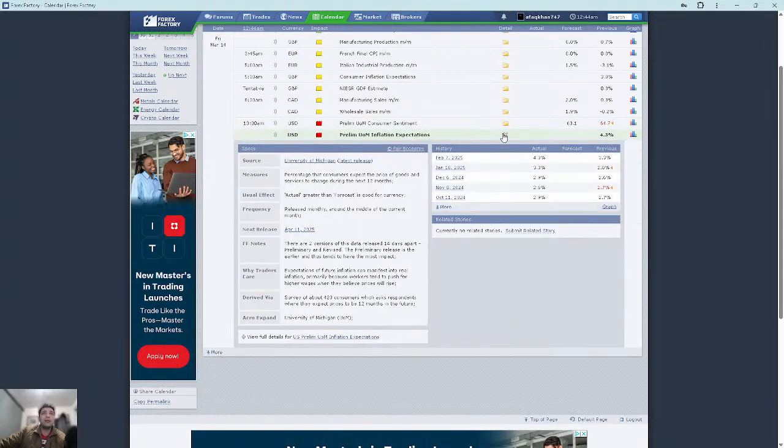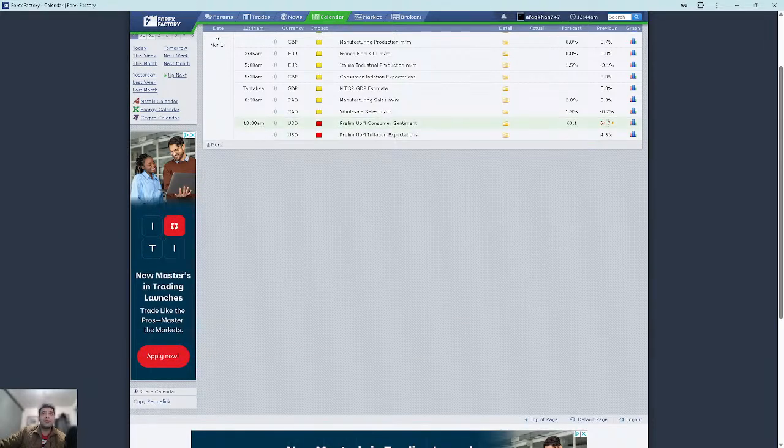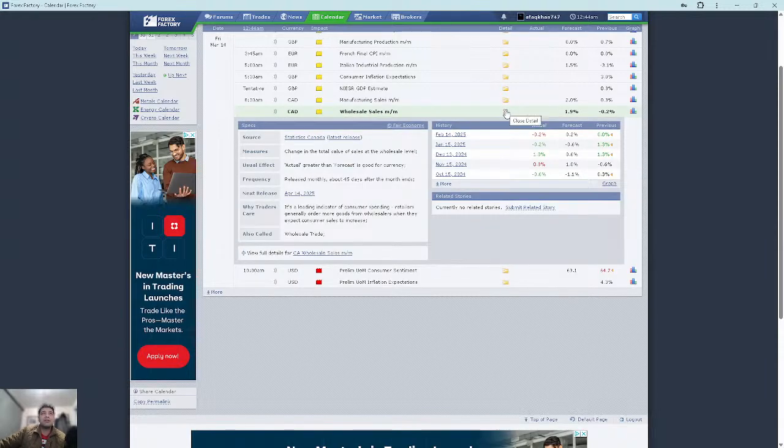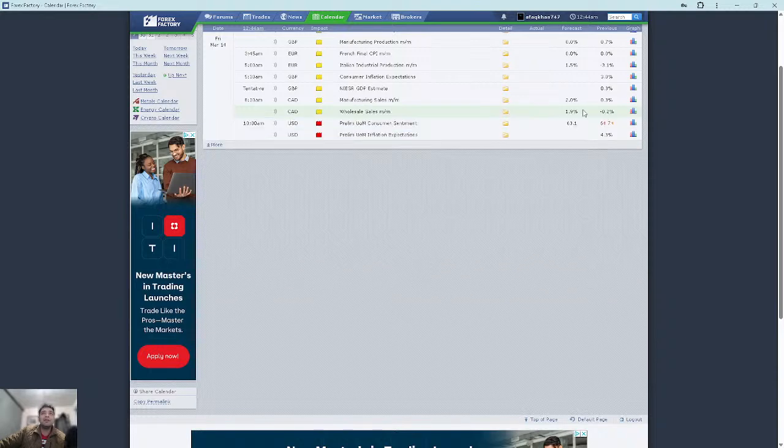And we see that the actual is greater than the forecast. So we see that there is a little bit of a decrease here, but overall, wholesale sales, the value of the sales at the wholesale level, have increased in Canadian dollars.